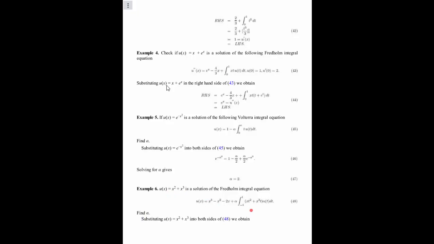To solve this example, we need to substitute the suggested function, x squared plus x cubed, in the left and right side of the integral equation, and finally obtain an equation in terms of alpha and solve it for the value of alpha. So we do the process and substitute.